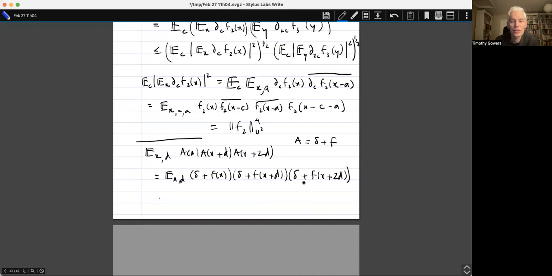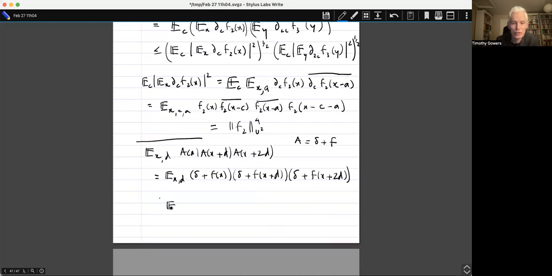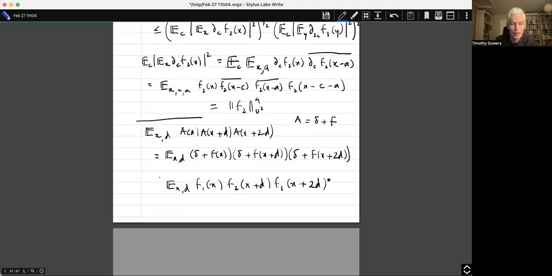And this thing here is a sum of 16 terms, each of the form f1 of x. I said, sorry, 16, I'm jumping ahead to progressions of length 4. It's 8 terms: f1 of x, f2 of x plus d, f3 of x plus 2d, where f1 is either delta or f, f2 is either delta or f, and f3 is either delta or f.